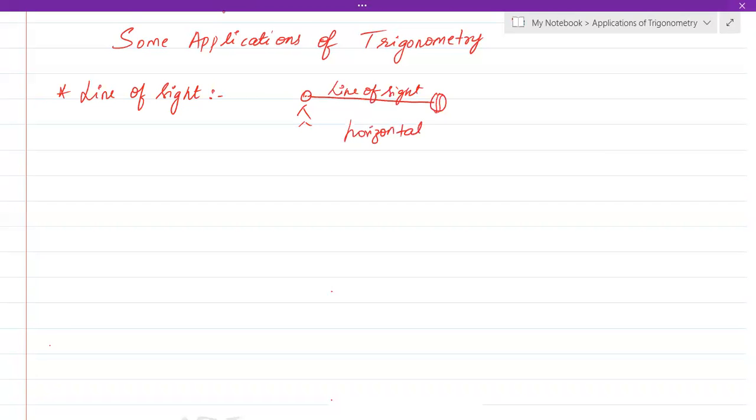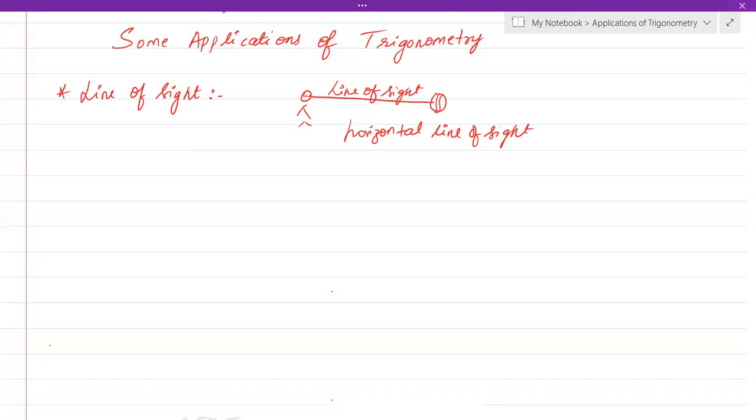That is, if a person is watching something without lifting or bending his neck, then that line of sight is known as horizontal line of sight. Here the person is neither lifting nor bending his neck, so the line of sight formed is a horizontal line of sight.